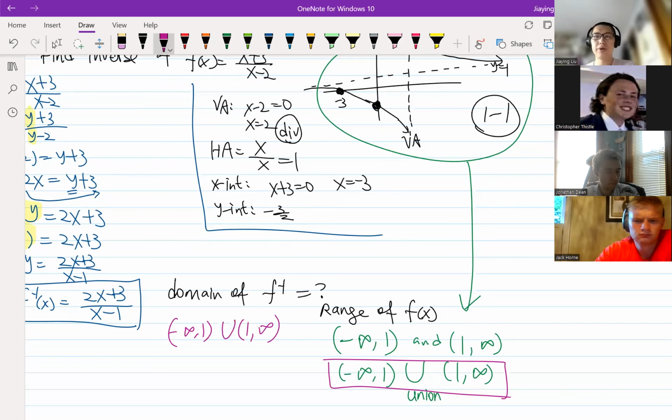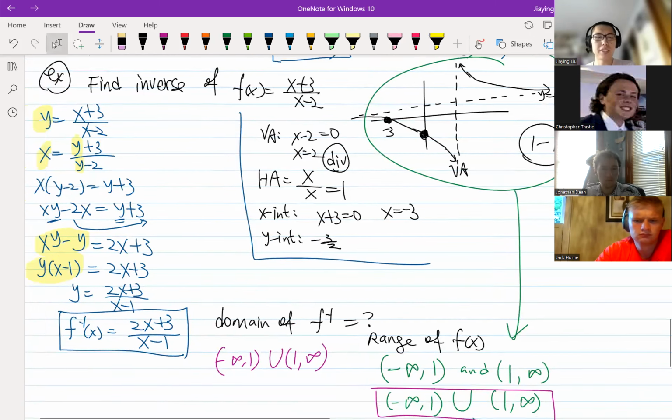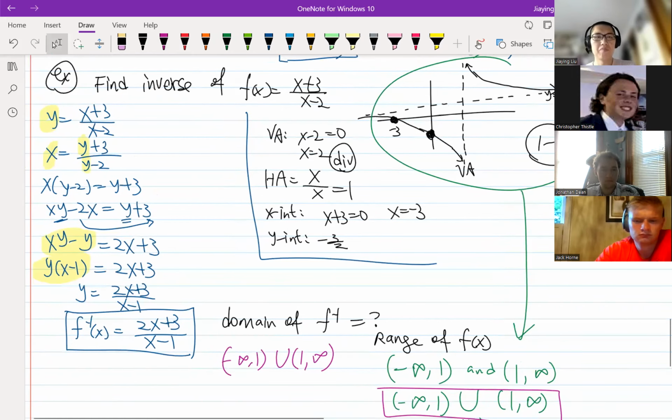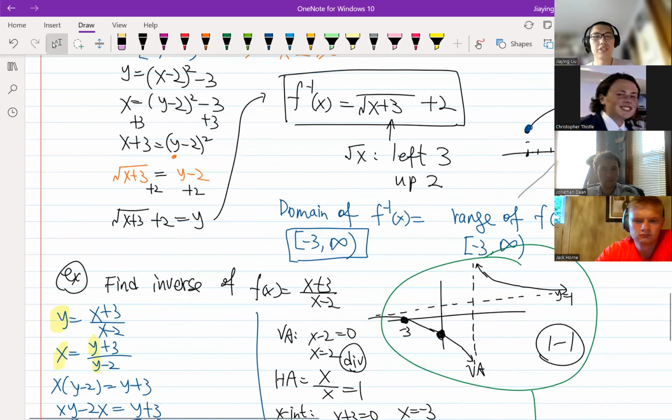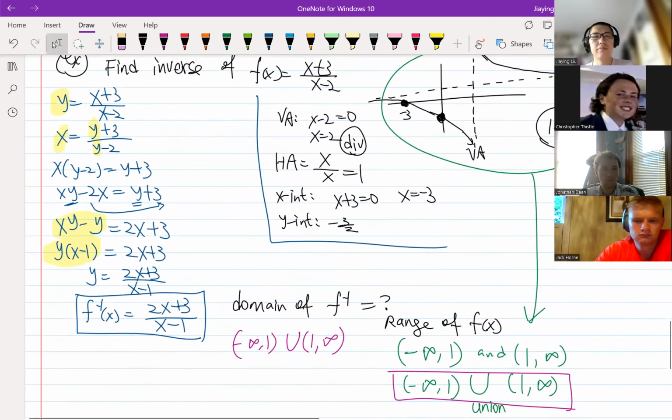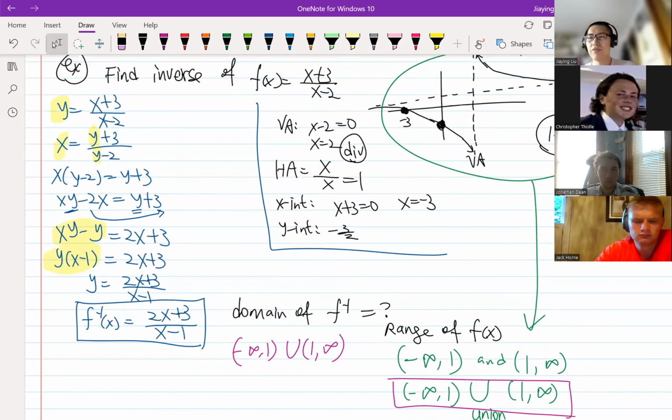All right, any questions about any of the exercises we did today, or anything about inverse functions? So if you have not found the domain and the range of inverse functions before, just remember the takeaway is that the domain of the inverse equals the range of f of x, and the other way around is also true.